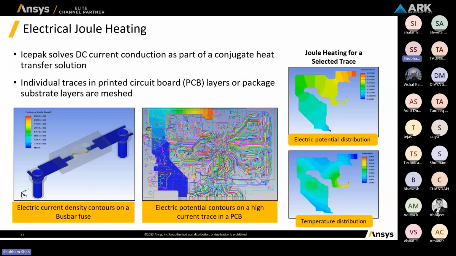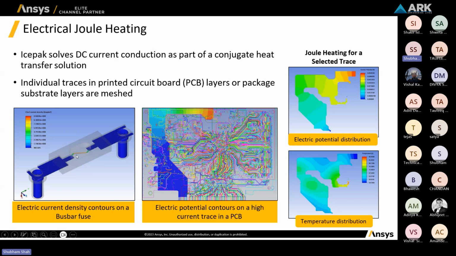Coming towards the electric joule heating. When we talk about joule heating, Icepack solves the direct current conduction as a part of the CHT, conjugate heat transfer, solution. On the left-hand side, one contour is plotted, which is basically the electric current density.